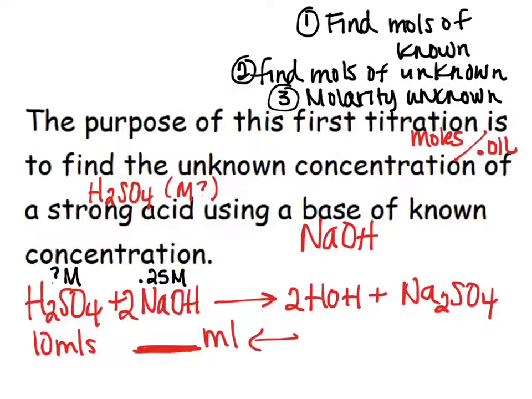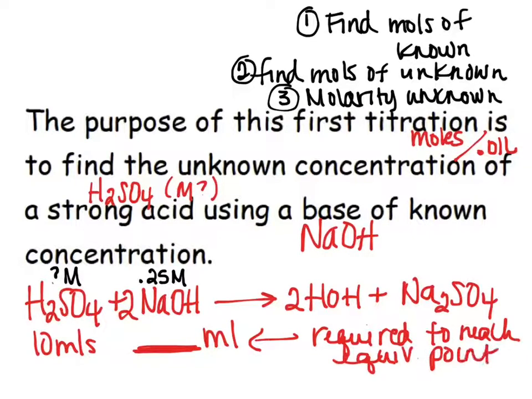So this is going to be the required amount to reach equivalence point. And we're going to use stoichiometry to figure this out. And remember, equivalence point is what? Equivalence point is when my moles of my H plus is equal to my moles of my OH minus.